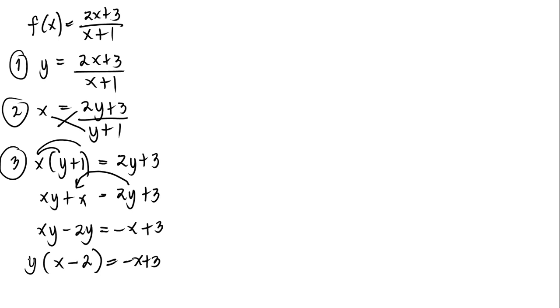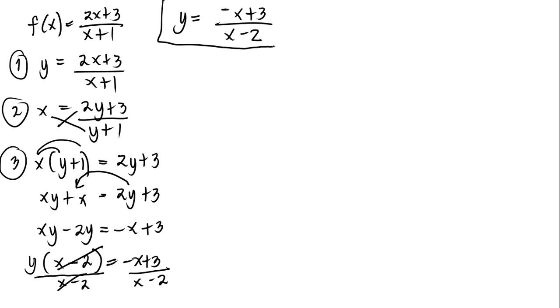Since when you multiply y times x, that is xy, y times negative 2, that is negative 2y. And then, since you're solving for y, divide both sides by x minus 2. So, cancel, cancel. Your y will be equal to negative x plus 3 over x minus 2. Okay, so that will be your answer in step 3.